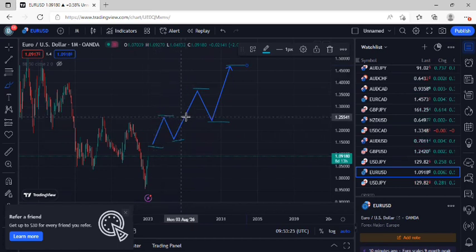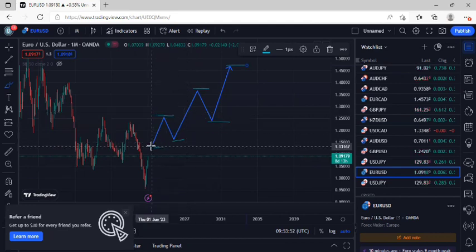We call that place a resistance. The resistance was broken here to create a higher high. So this is a structure that was broken, and this gives you the confirmation that this market is moving up as soon as this structure is broken.